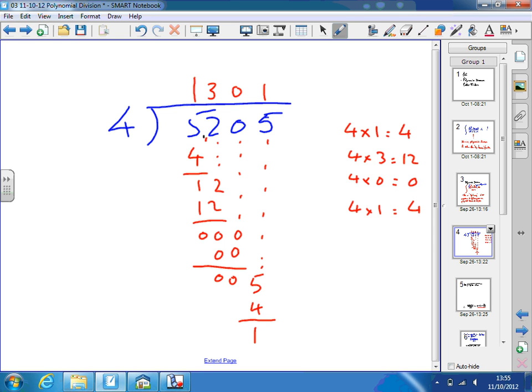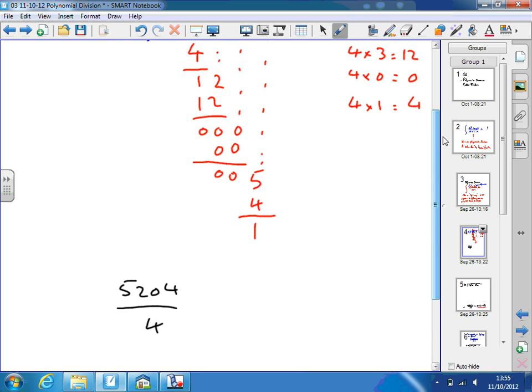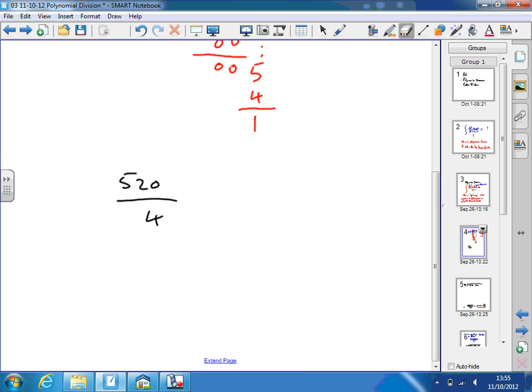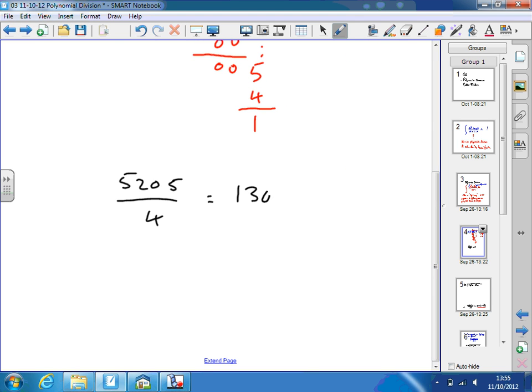So this can be written as 5,204 over 4, which is what we've done. 4's into 5,205, yeah, thank you, goes 1,301 times, remainder 1. But 1 what? 1 quarter, yes. So it's 1,301 and a quarter.